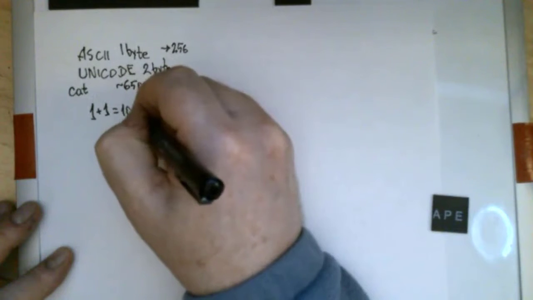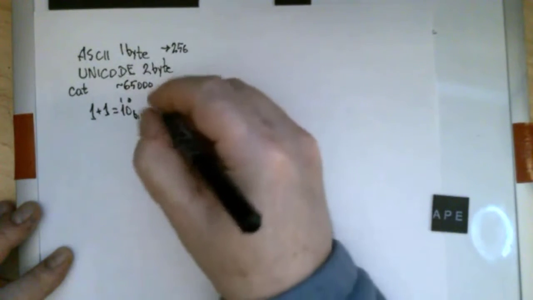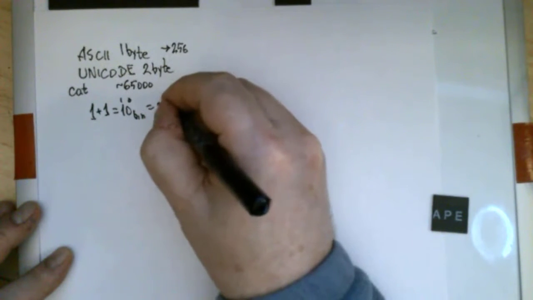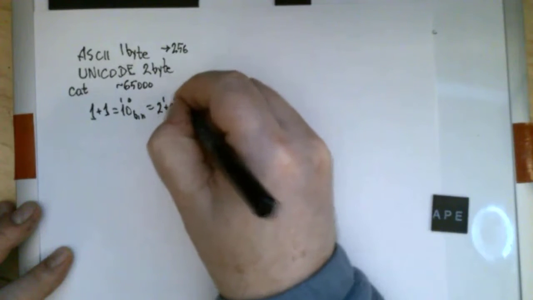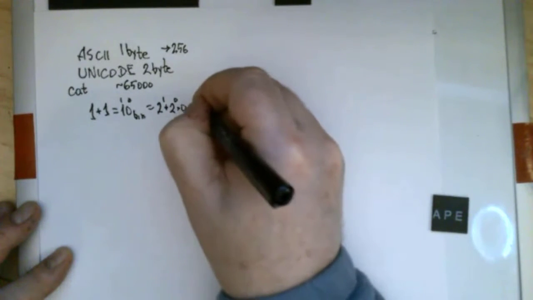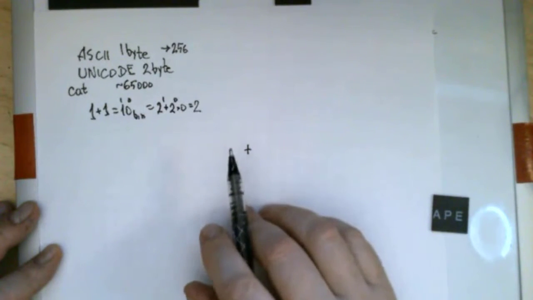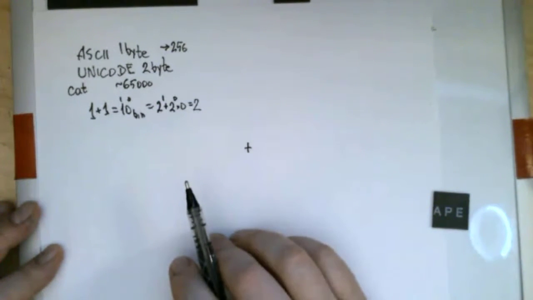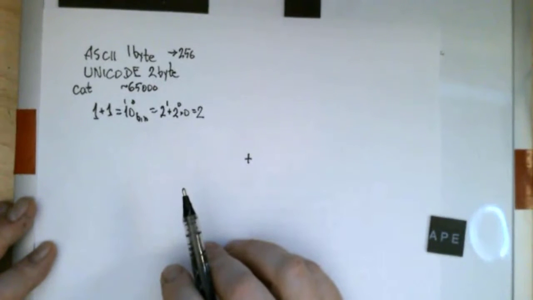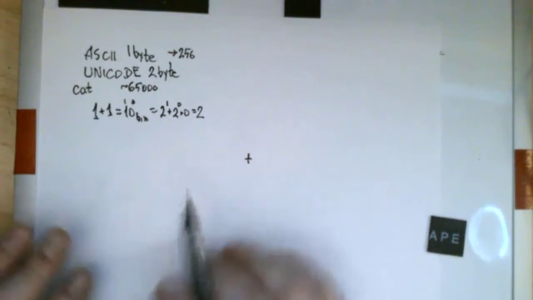We can easily convert it: 2 to the power of 1 plus 2 to the power of 0 multiplied by 0, and that will be 2. The same way, the binary system allows you to do all calculations: divide, subtract, multiply, and so on.